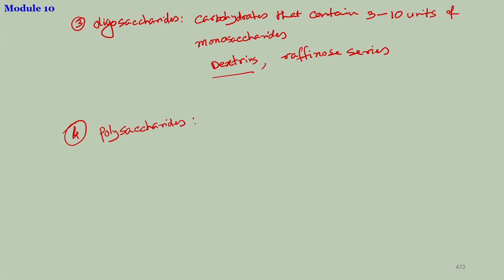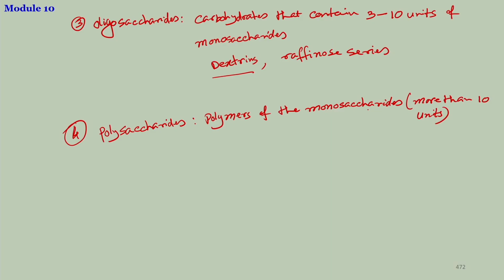Polysaccharides are basically the polymers of the monosaccharides, more than 10 units connected together via glycosidic bonds.